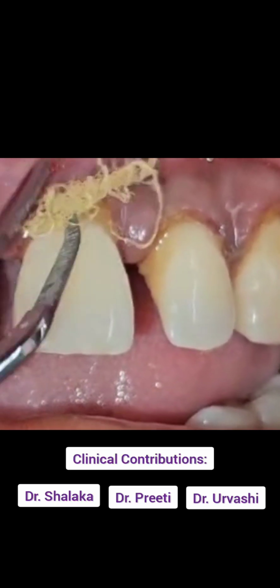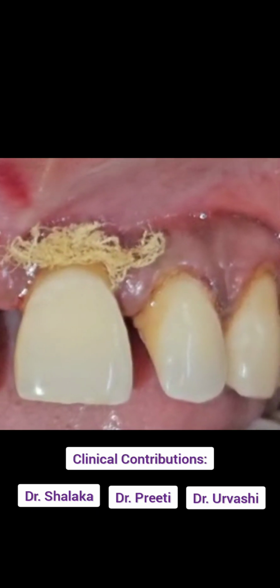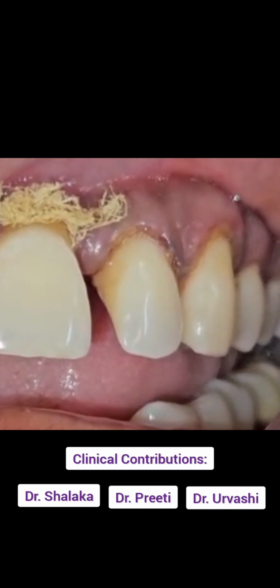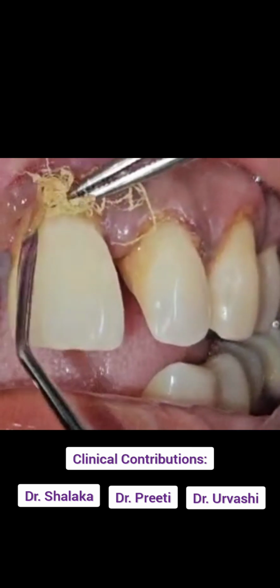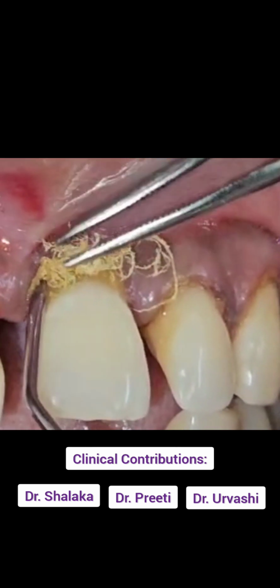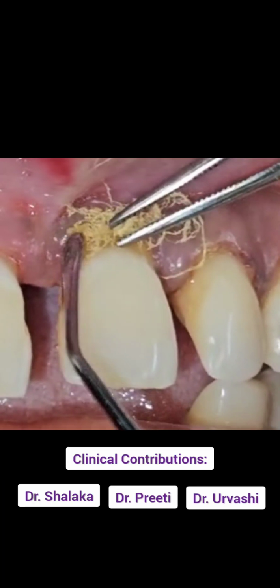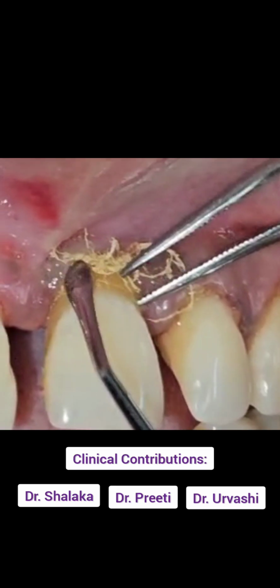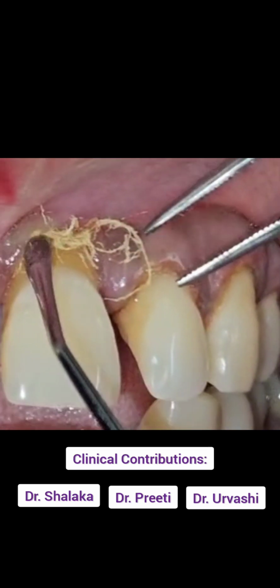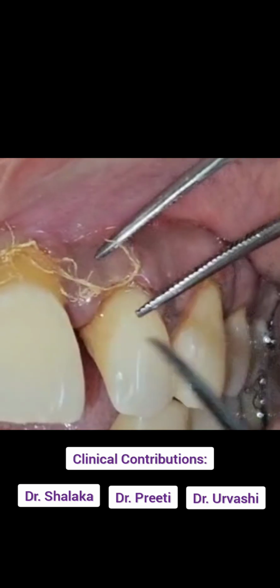So this is the tetracycline fiber that is first being arranged circumferentially around the gingival margin, and using a blunt instrument like a cord packer or any other blunt instrument, it can be packed circumferentially around the pocket areas. So this is around 2.1 that the tetracycline fiber is being inserted.